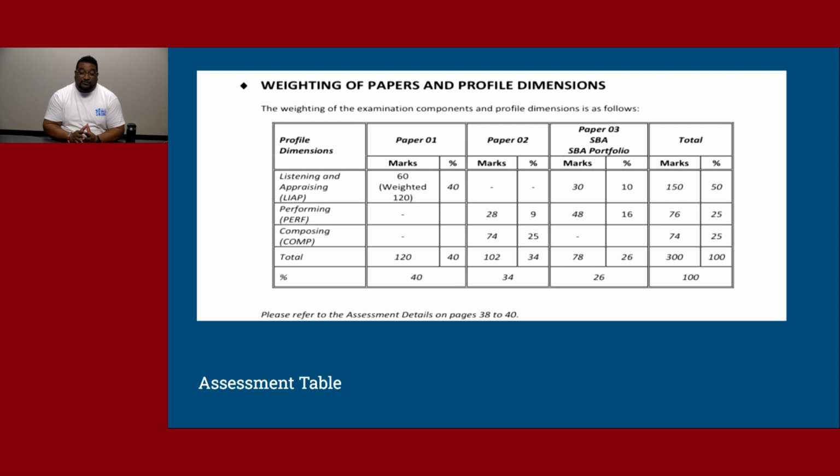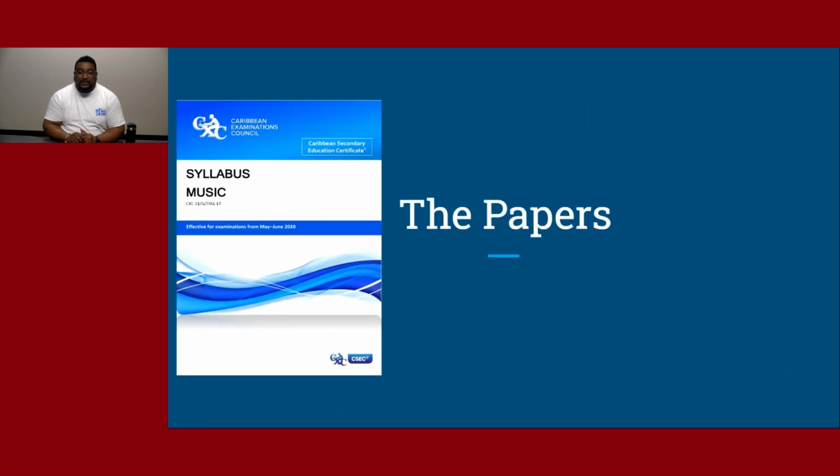Paper 1 is worth 40%. Paper 2 is worth 34%. And Paper 3 is worth 26%. That will give you a total of 100% possible points. You can do it, right? Of course, these scores are pulled right from the syllabus.